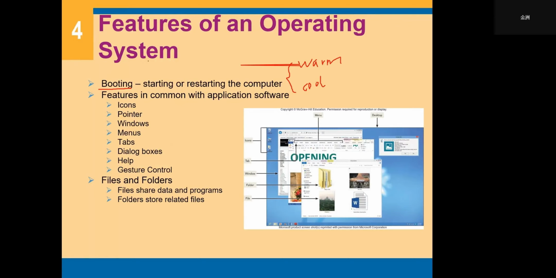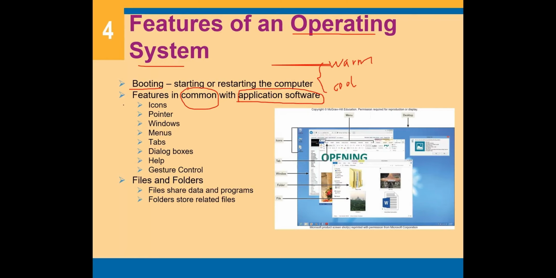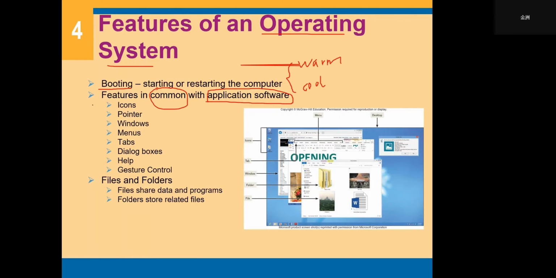Then, in fact, I listed some features that are in common with application software. That is, these features occur not only in the operating system, but also in application software. They are common features, okay? The common features in application software and the operating system. I listed several here.